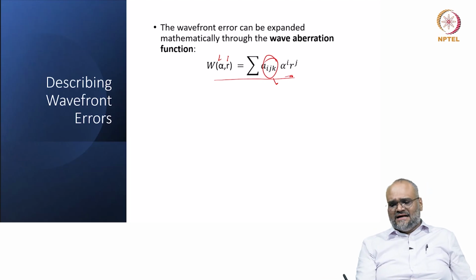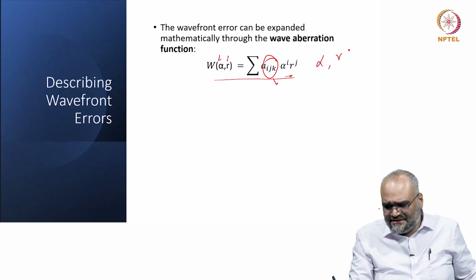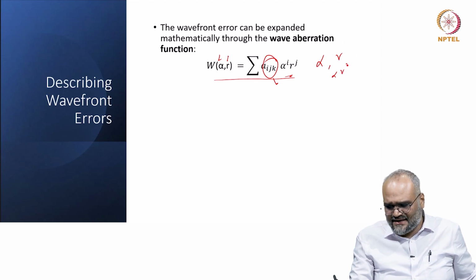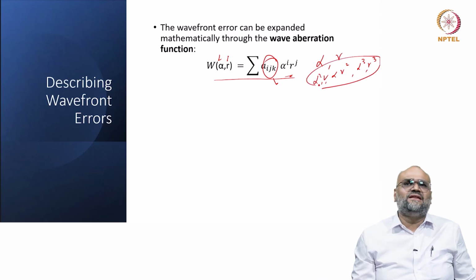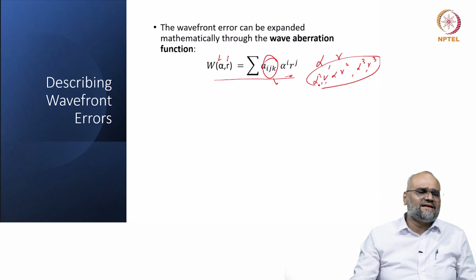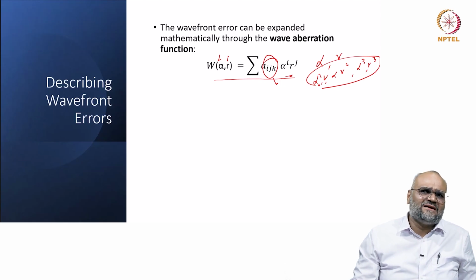And in terms of the scattering angle alpha and the radial separation r, you can have terms such as alpha r square, alpha cube, r cube, or alpha square r. All these together constitute the basic aberrations in optical lenses, which are also described as the Seidel aberrations.